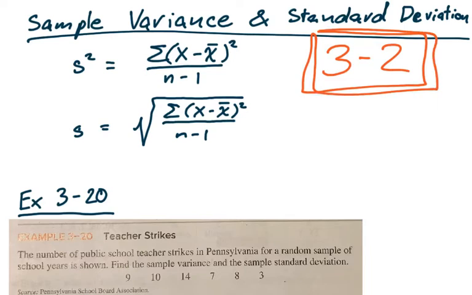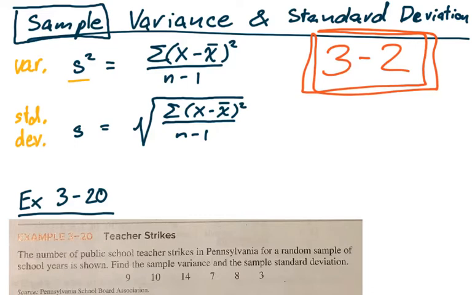And now we're going to continue talking about variance and standard deviation, this time pertaining to sample information. So remember, the notation for that is different. Instead of the Greek symbol sigma, we'll use S squared for sample variance, and S itself for standard deviation.